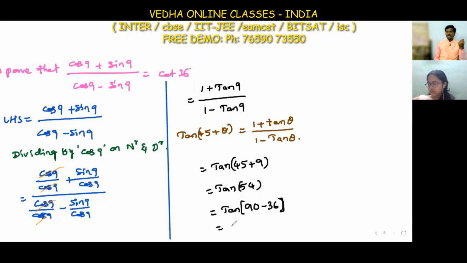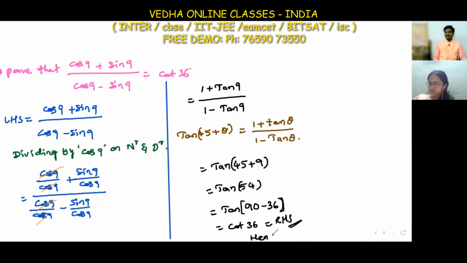When we have 90 degrees for tan, we replace it with cot, so cot 36. For 90 minus theta in the first quadrant, all are positive. Is it the required solution? Yes, this is the required answer. Hence, what is important in this tan 45 plus theta formula?